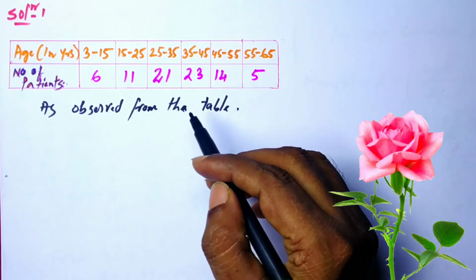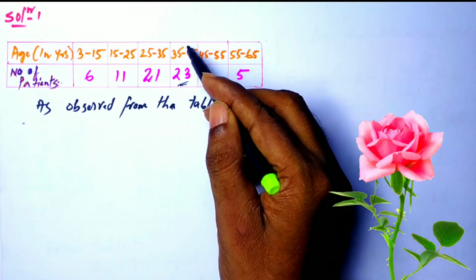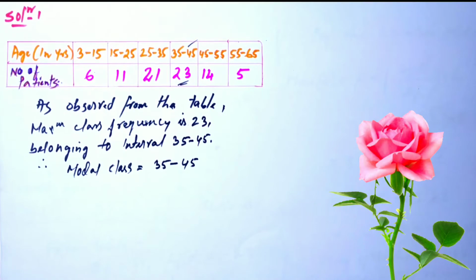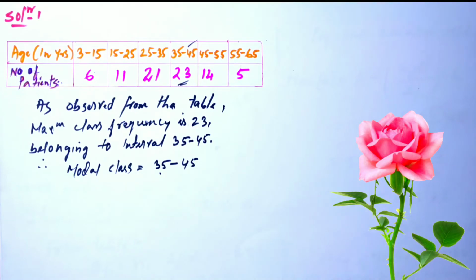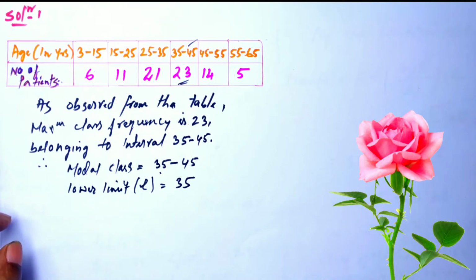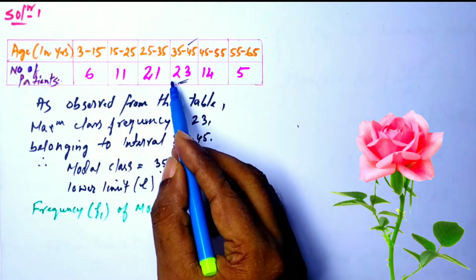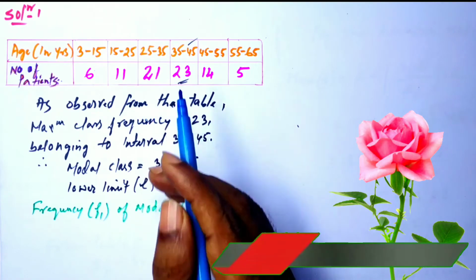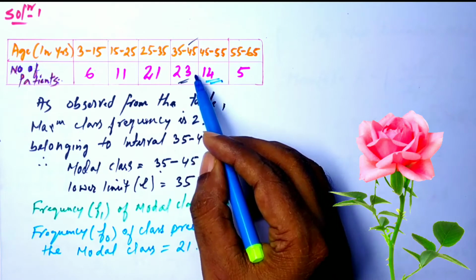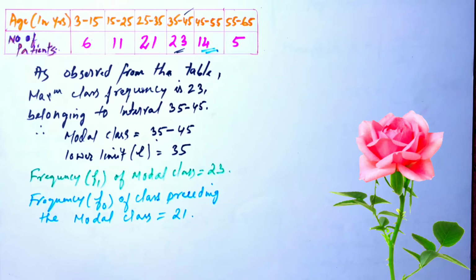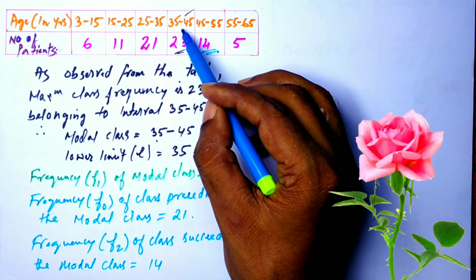Therefore the lower limit L is 35, frequency f1 of the modal class is 23, frequency f0 of the class preceding the modal class is 21, frequency f2 of the class succeeding the modal class is 14, class size h is 45 minus 35, which is 10.